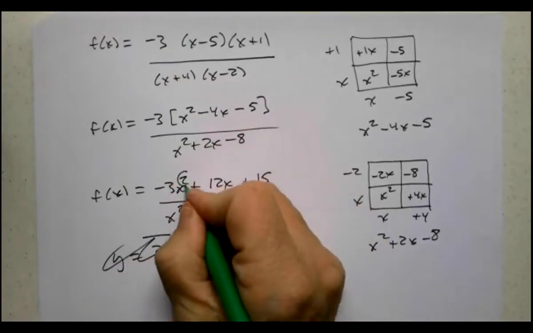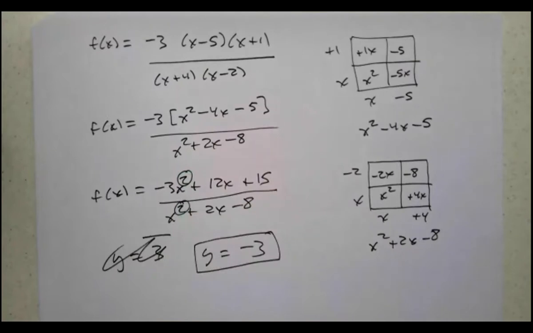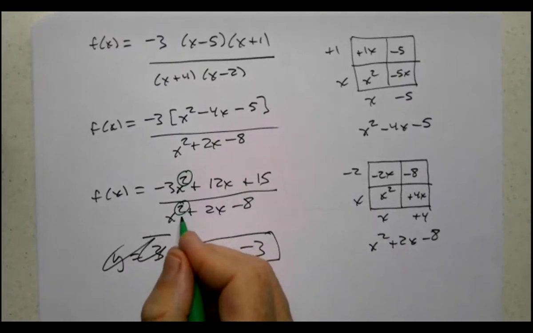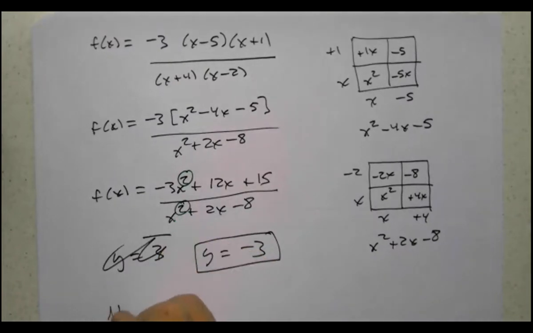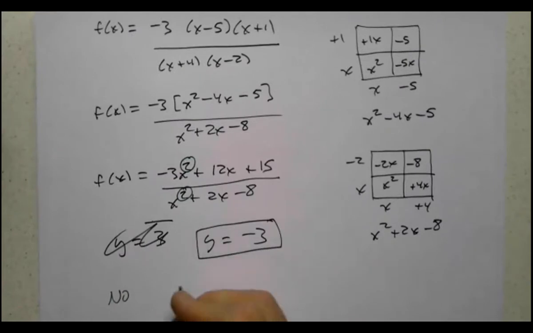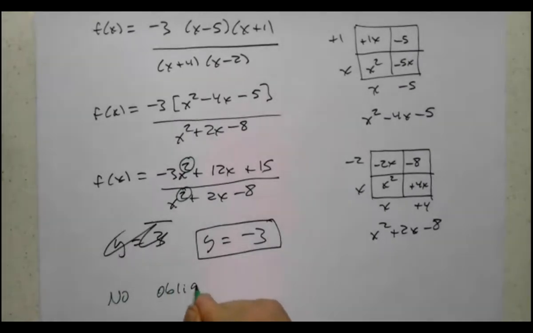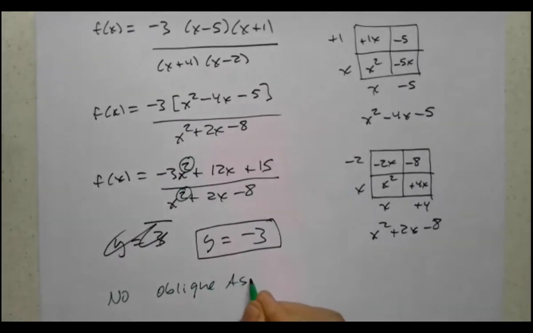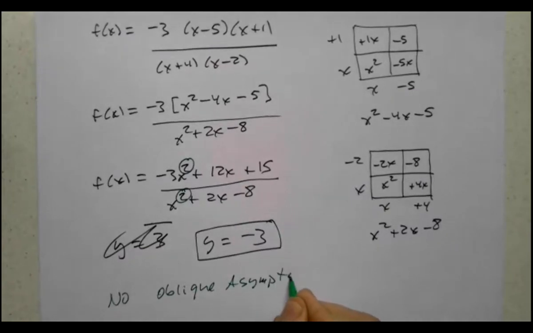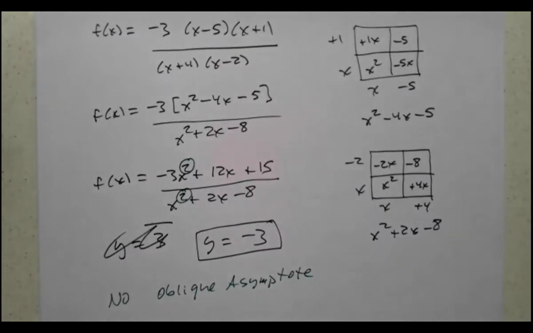The top has degree 2, the bottom has degree 2. That's what enabled me to have a horizontal asymptote. If the bottom is bigger, the horizontal asymptote would be y = 0. But there is no slant asymptote here, no oblique asymptote, because the degree of the top is not exactly one more than the degree of the bottom.